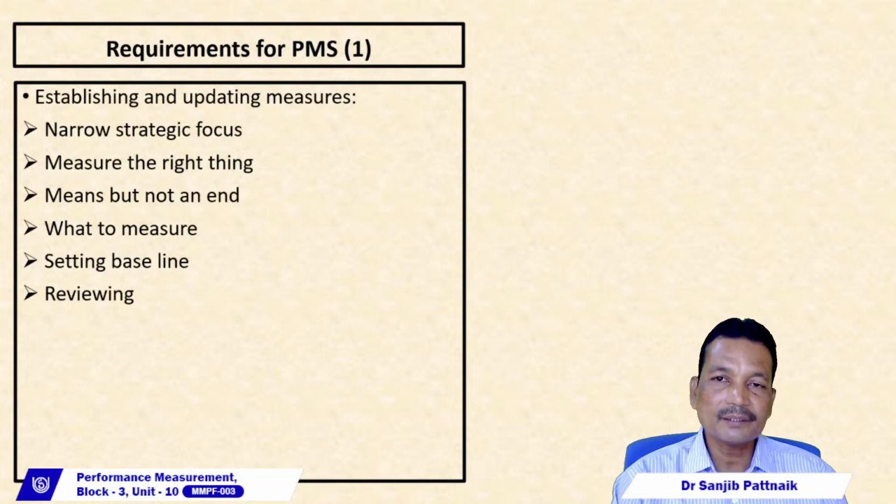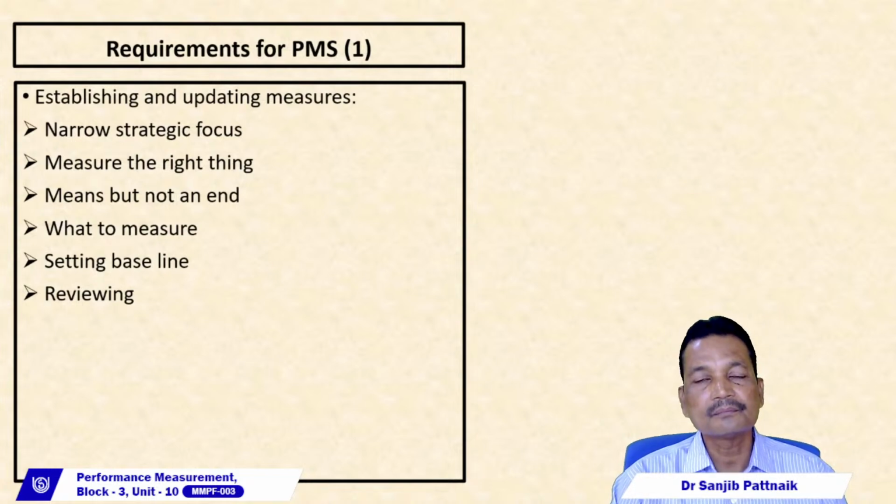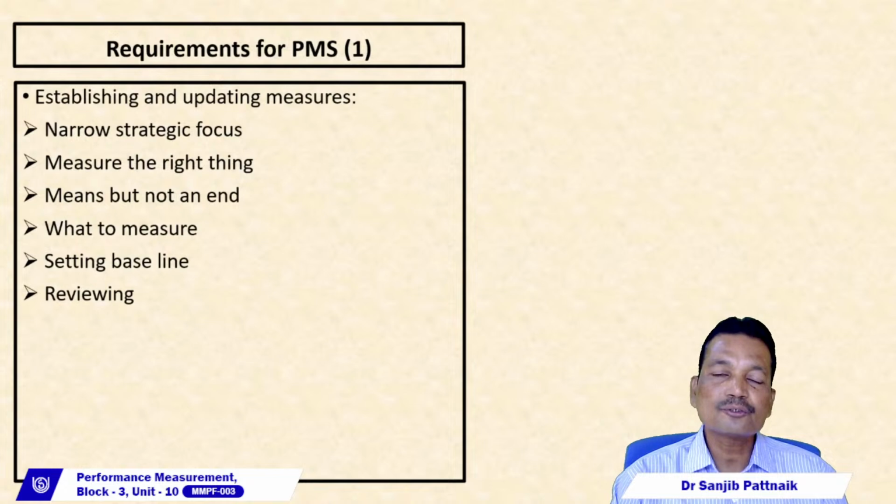That means the measurement system for which it was constructed is not used to measure the particular activity. It is being used for certain other activity. So this may lead to the wrong conclusions. So measure the right thing.